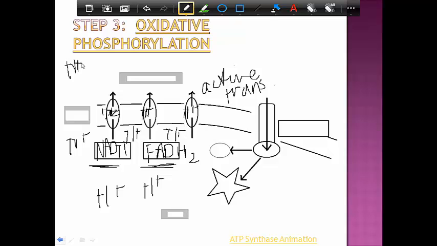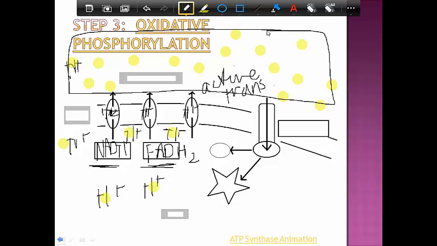What happens over time, and I'll represent my hydrogen ions with yellow, is we get a really high concentration of hydrogen ions in this intermembrane space. This area has a high concentration of hydrogen ions compared to the other side of the membrane, in the matrix, which has a low concentration.